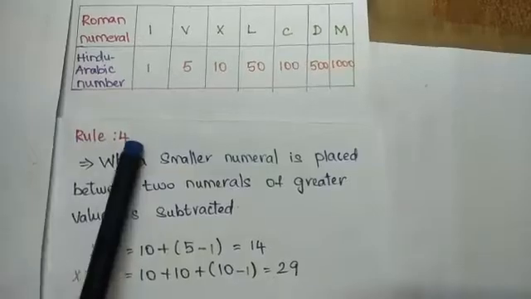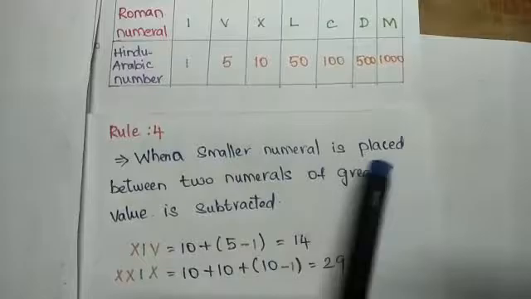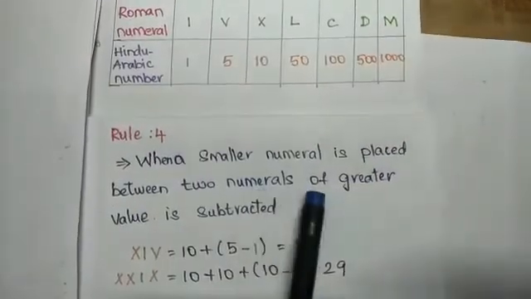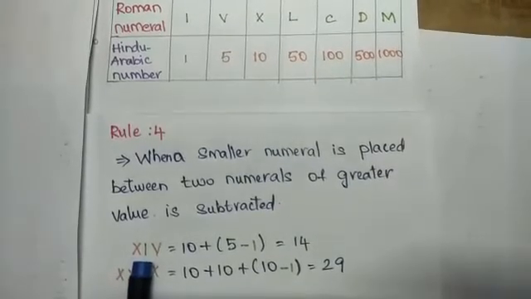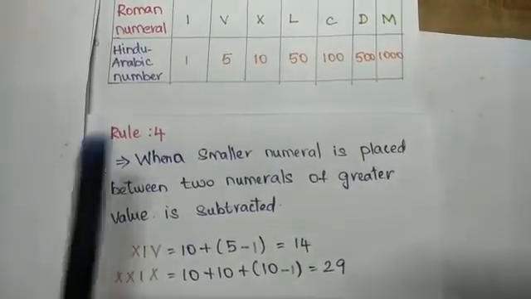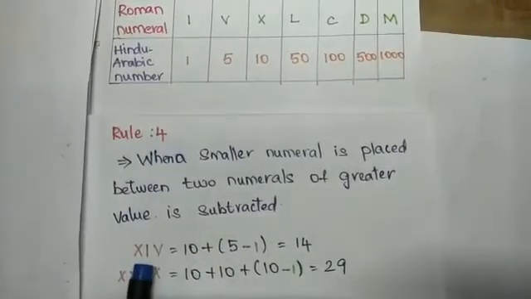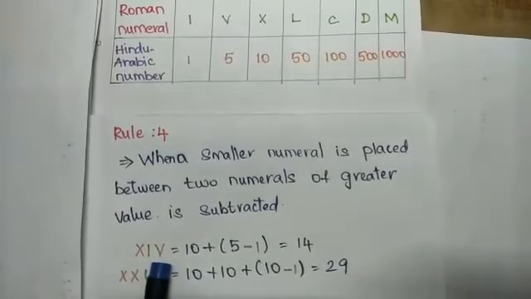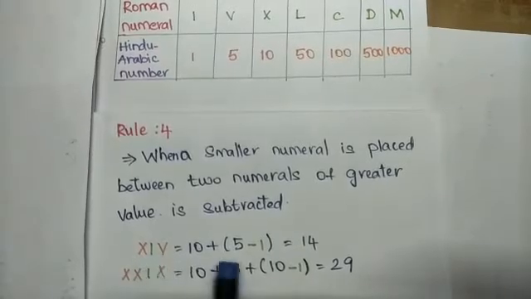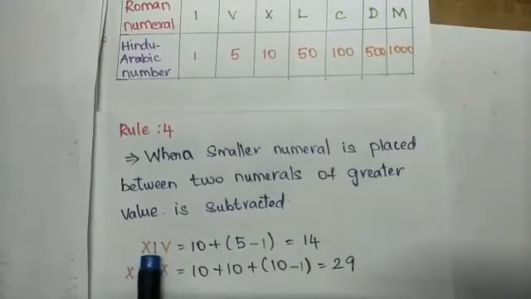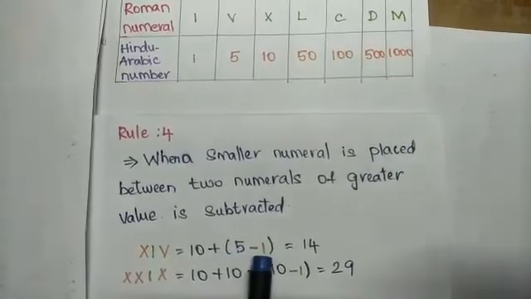Now rule number 4. When a smaller numeral is placed between two numerals of greater value, it is subtracted. When the smaller value is in the middle, here X is 10, and V is 5, and here it is I. So 1 is smaller compared to these two numerals. So X is 10 plus, here we have 5 minus 1, we have to subtract the smaller value. 5 minus 1 is 4.